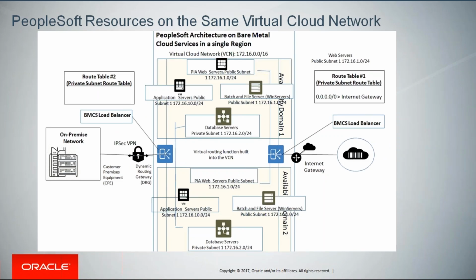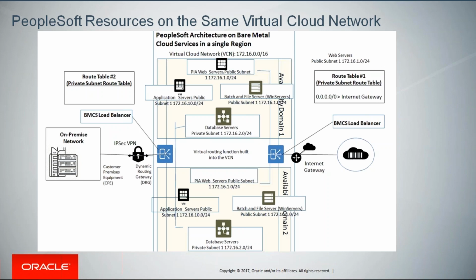We want to paint a picture and show you what this white paper contains from an architecture standpoint, and all the ingredients that come with the PeopleSoft components. We provision all the PeopleSoft resources on bare metal within a single region on the same virtual cloud network. As you can see, you've got a load balancer as a service from bare metal.